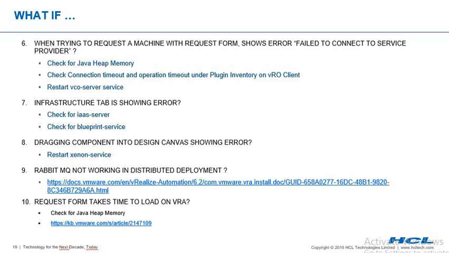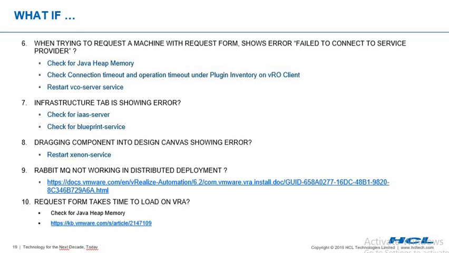So if the infrastructure tab is showing error or we are not able to see our endpoint resources, or even if our blueprint is failing just like that, then first we need to see whether our IaaS server has optimum memory for use or not. And if it's not, then we have to purge the memory first.